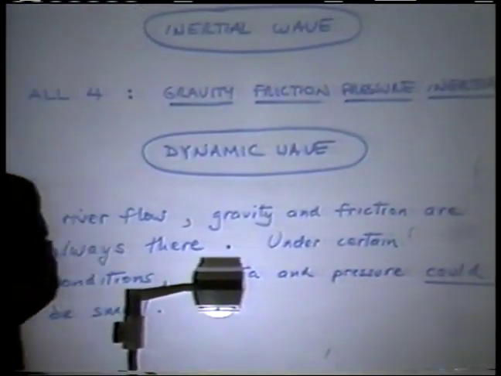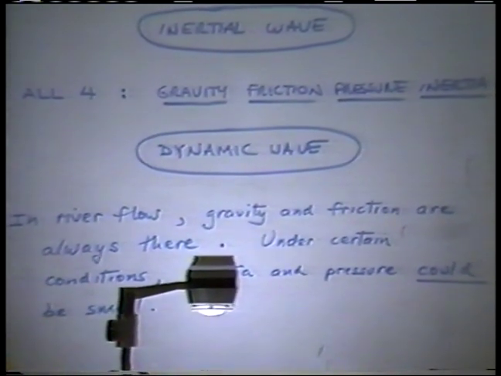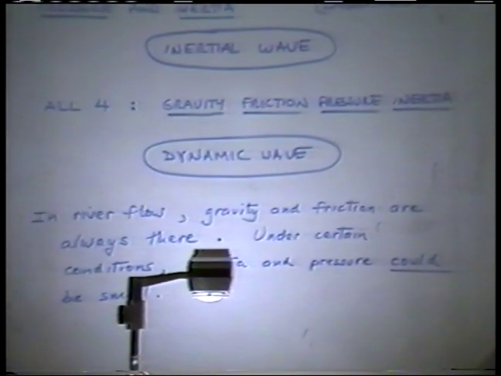Under certain conditions, inertia and pressure could be small, and here I stress could. And here there are several philosophies with regards to this subject. How small is small, or how big is big? You know, it's hard to define. Everything is relative, right?